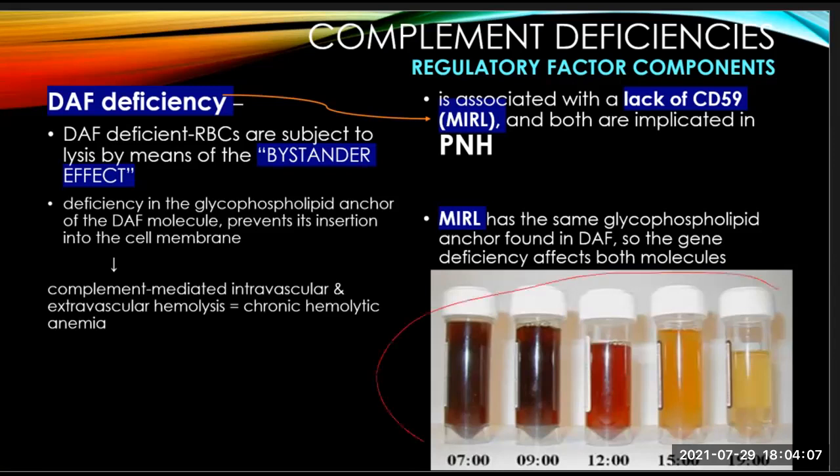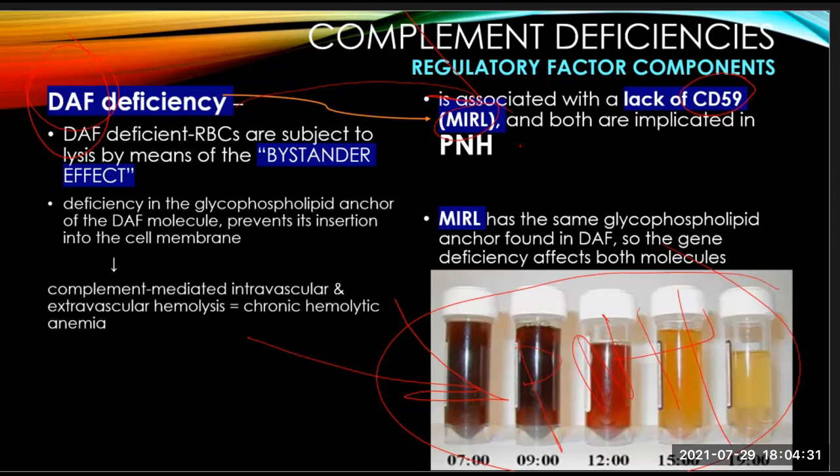In fact, this is a urine sample from a person with paroxysmal nocturnal hemoglobinuria. See? And the DAF deficiency is highly associated with the lack of CD59 or MERL. Walang CD59 or MERL, and both are implicated in PNH.